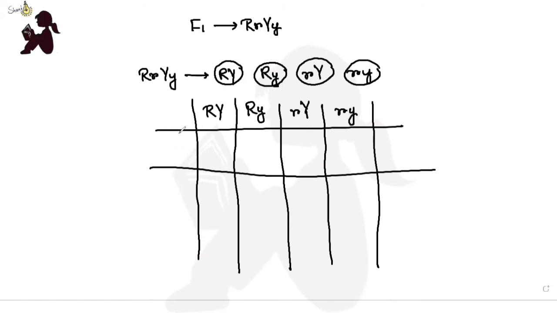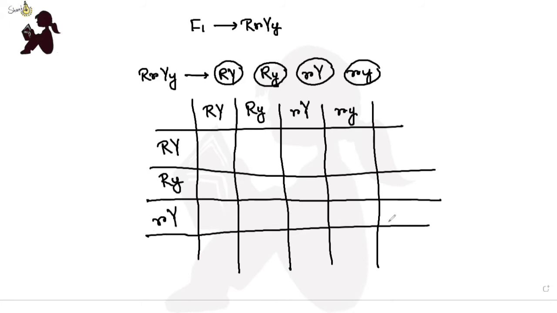Similarly, on this side, capital R capital Y, then capital R small y, then small r capital Y, and lastly small r small y.